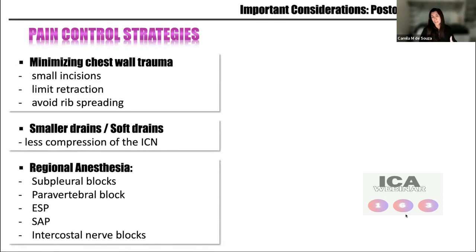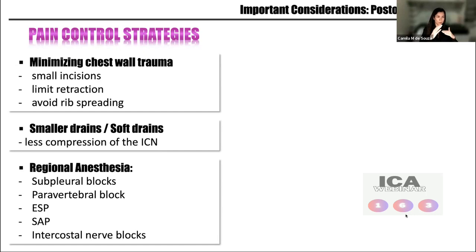And regional anesthesia can be really helpful here, from a simple intercostal nerve block to different types of ultrasound guided blocks, such as the ESP, the SAP. All of this can be really helpful to improve pain control and minimize the use of systemic opioids.